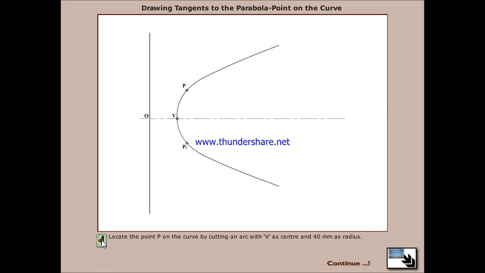Locate the point P on the curve by cutting an arc with V as center and 40 millimeters as radius.